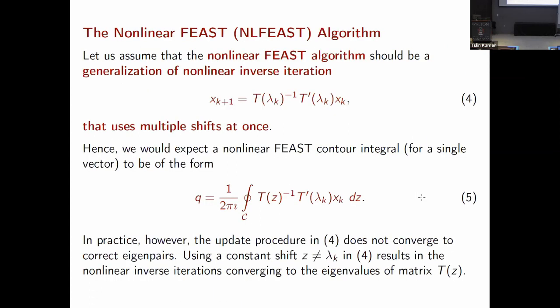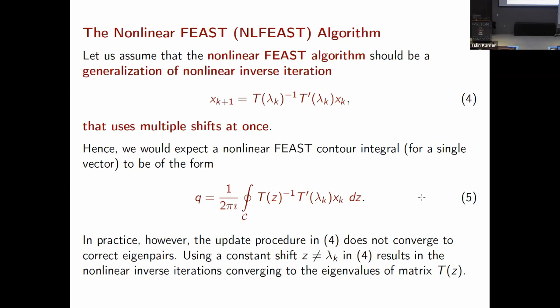So that's why we proposed the nonlinear FEAST. Since we know that the linear FEAST was a generalization of the inverse iteration where we apply a lot of shifts at the same time, we thought, okay, then the nonlinear FEAST should be a generalization of the nonlinear inverse iteration where we can apply multiple shifts at the same time. So we first expected to do a natural representation in terms of the contour integral.